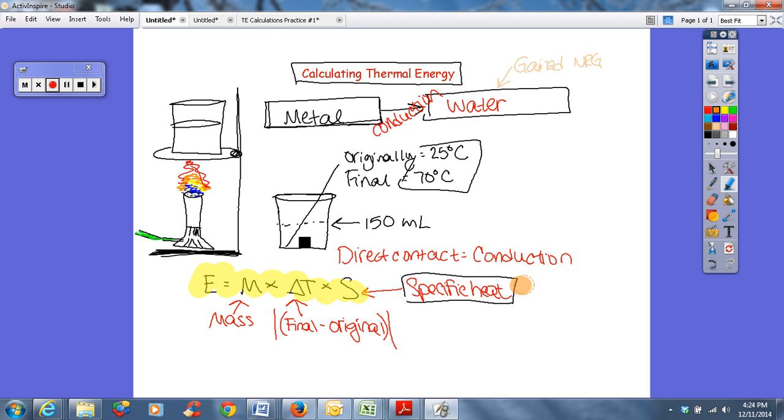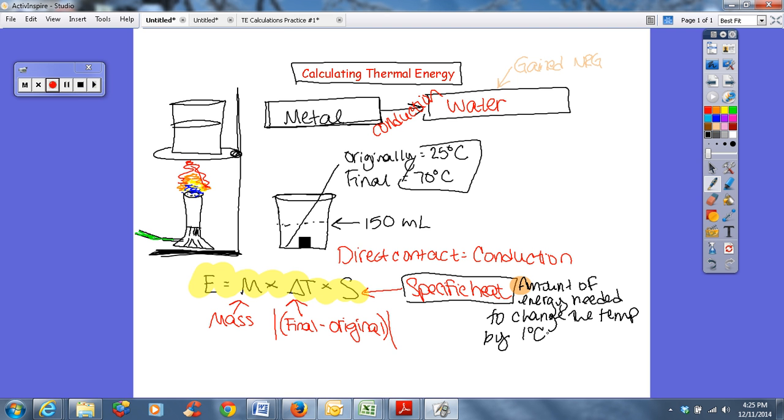Specific heat is the amount of energy needed, in joules or kilojoules, to change the temperature of a substance by 1 degree Celsius.